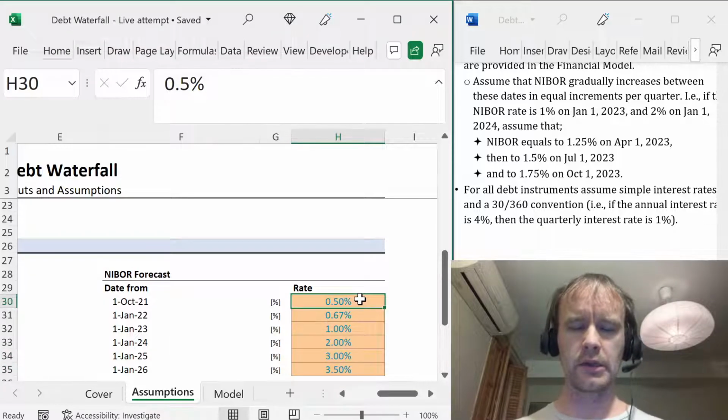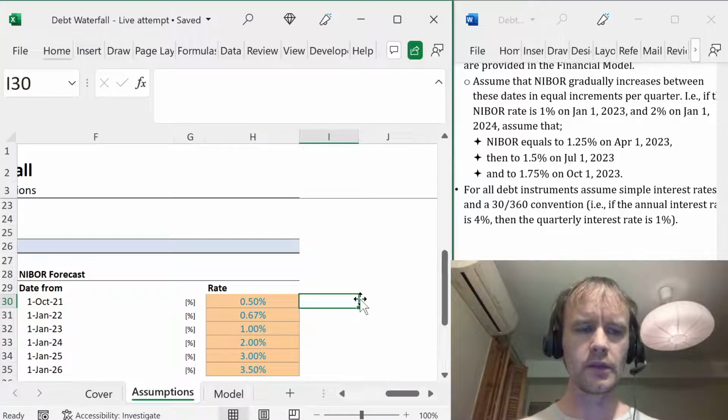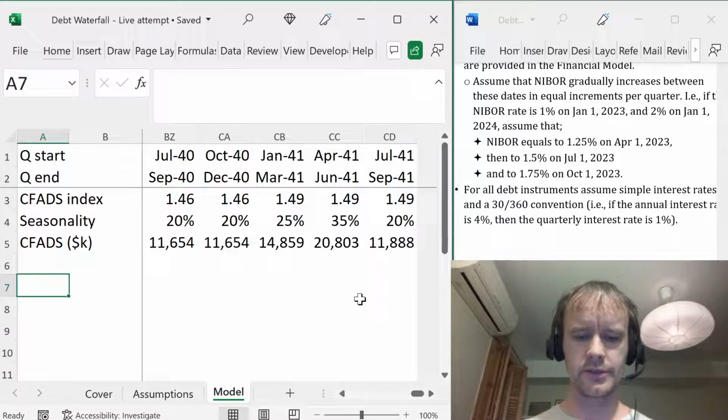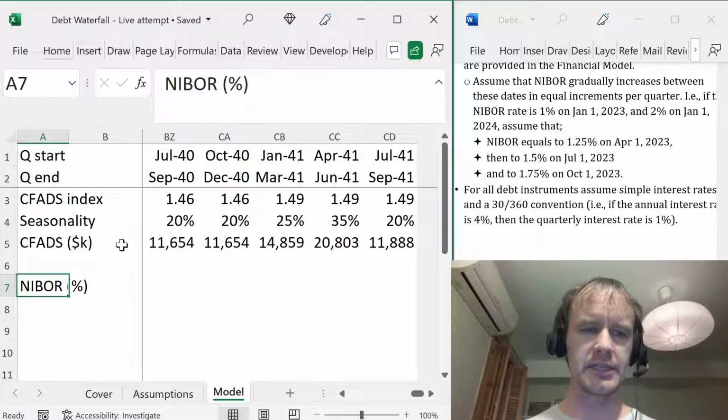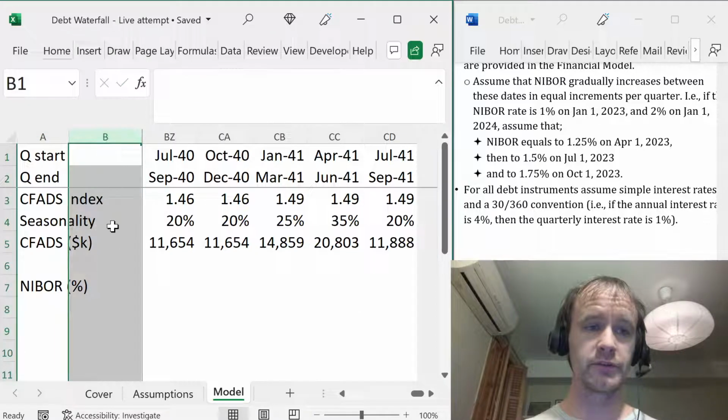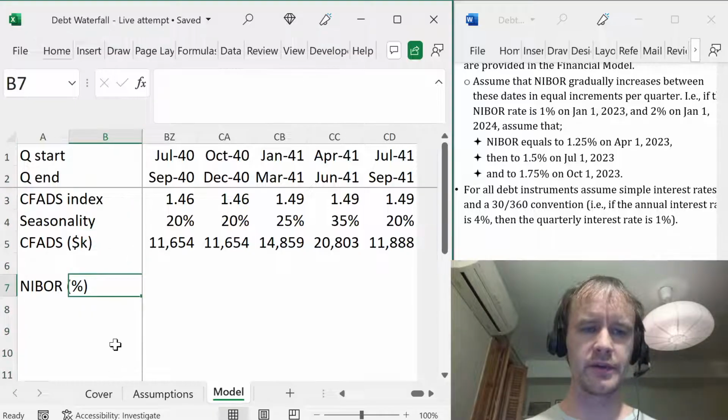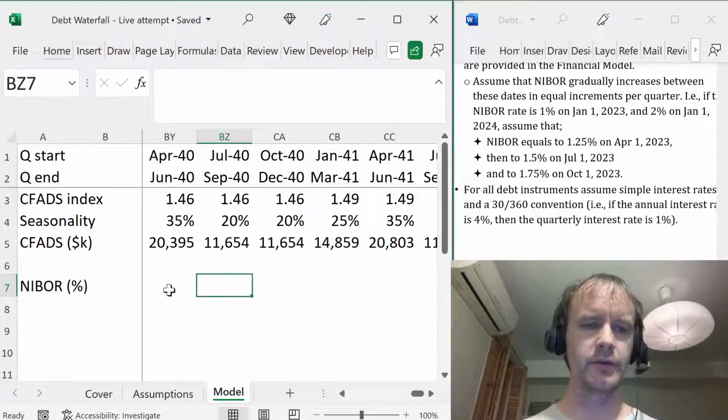So how are we going to model that? Well, the way I would suggest is, we'll put it here. If this was a less space constrained model, it's a good idea to have a units column where you would put $K, percent, and other things, but I do not have that kind of space.